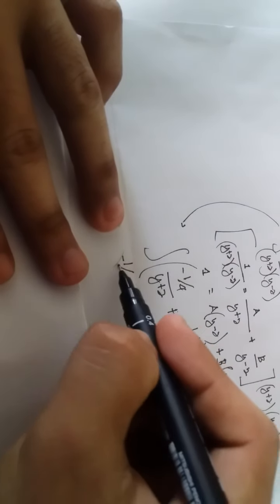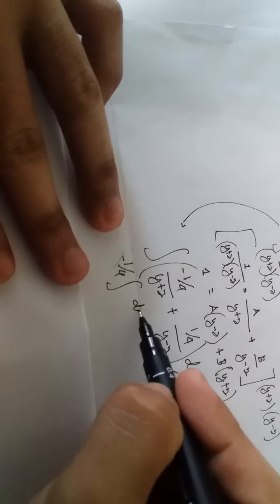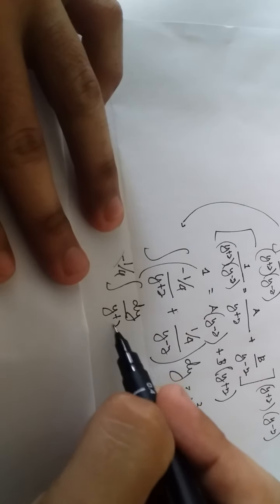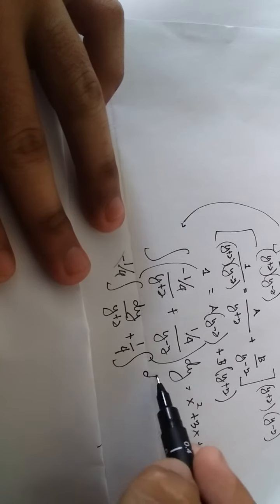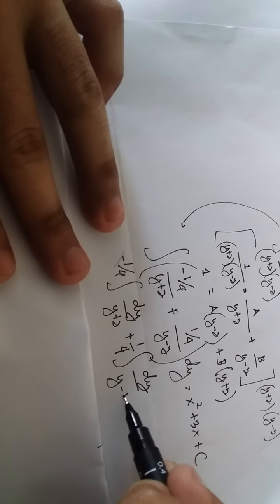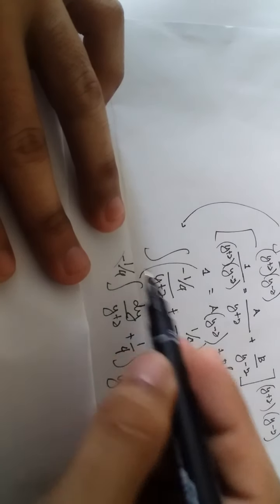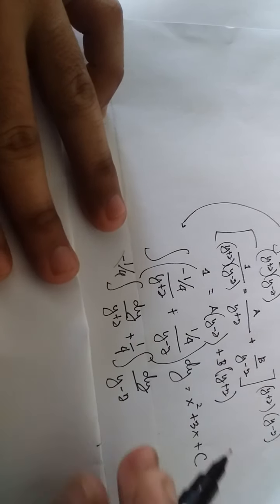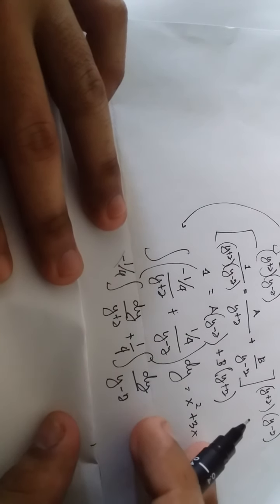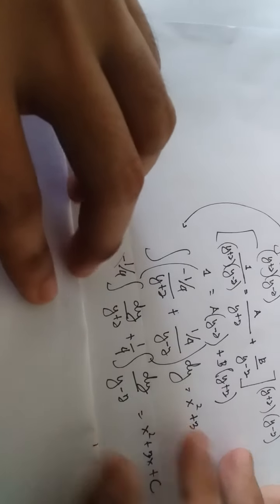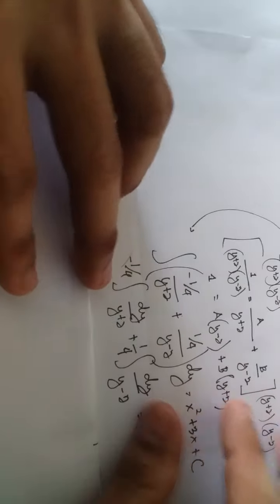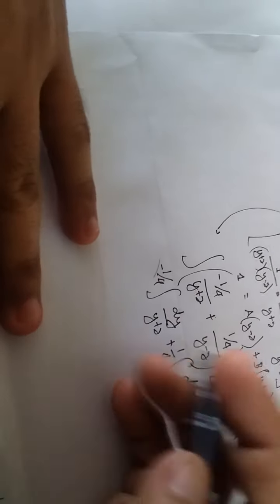So negative 1/4 the integral of dy over y plus 2, plus 1/4 the integral of dy over y minus 2. We will put 1/4 outside of the integral sign because 1/4 is a constant. We will not include that in integrating. So it is equal to x squared plus 3x plus c. Next is the integral of this one, which is very familiar.